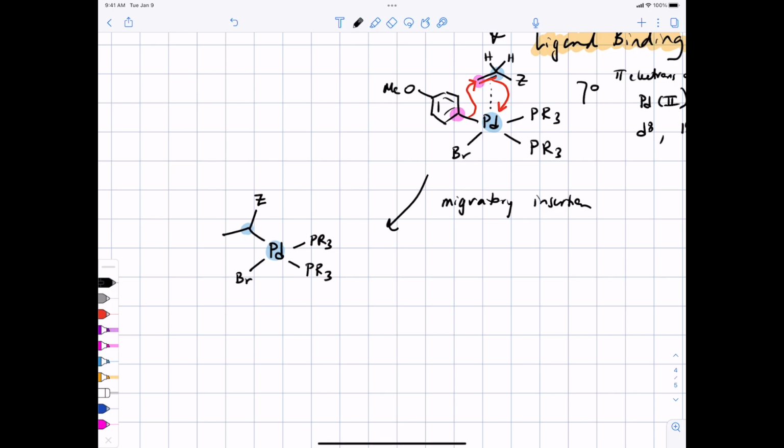At this stage, if you want, we can draw in the hydrogens that are implied but not shown. I don't know if that's helpful or not. Let's just leave them out.